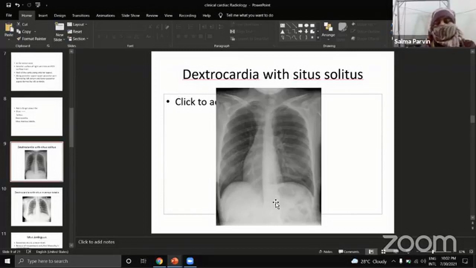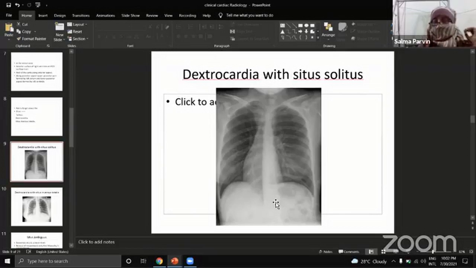There is a possibility of cardiac congenital and developmental diseases in cases of normal situs, but in cases of situs inversus or any abnormality of the situs, there is a higher possibility of congenital and developmental cardiac diseases.